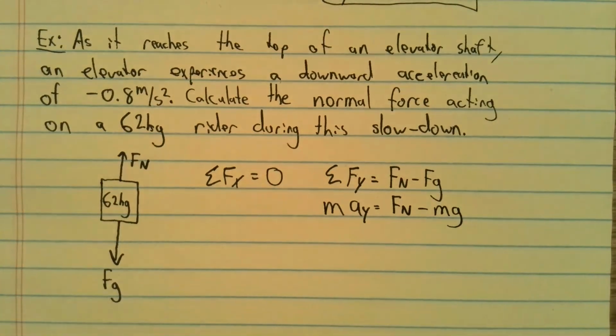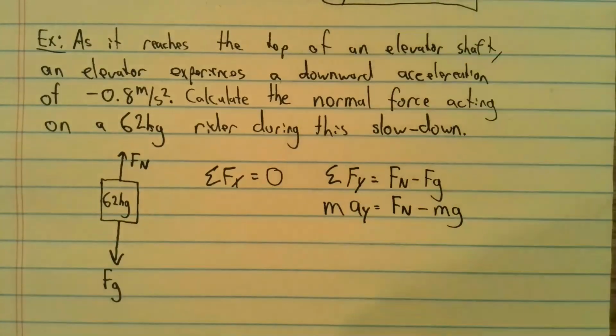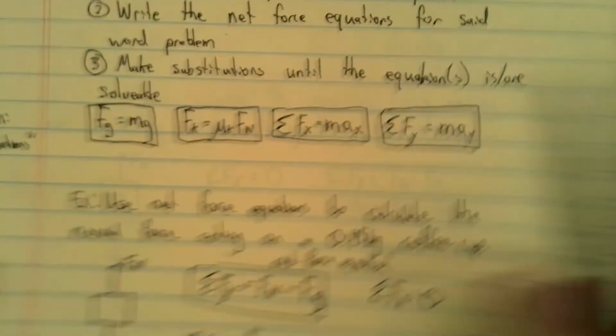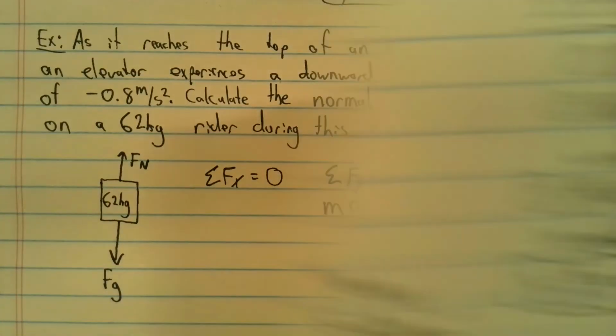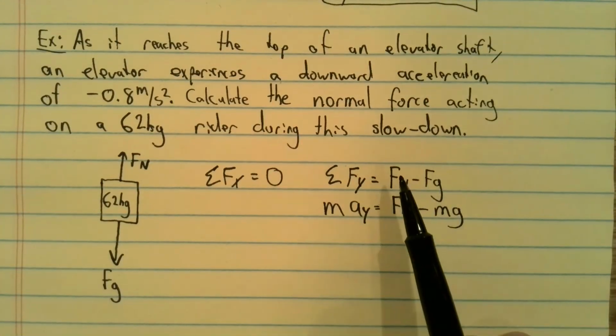So sigma Fy, we replace that with MAY. Fg, we replace that with Mg. So keep this somewhere. Keep this present. Keep this ready to go. Okay.